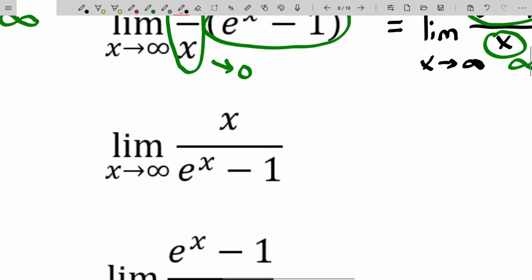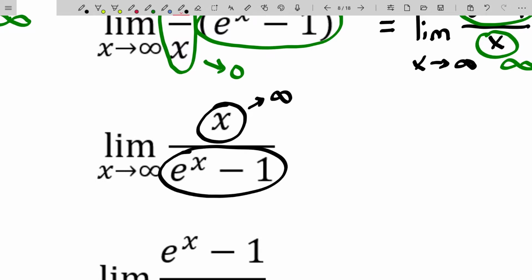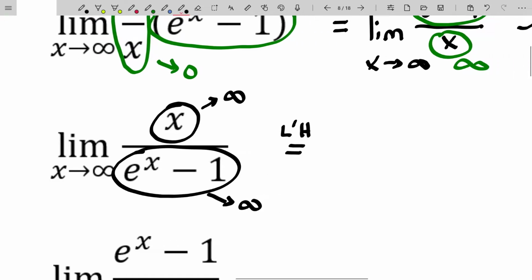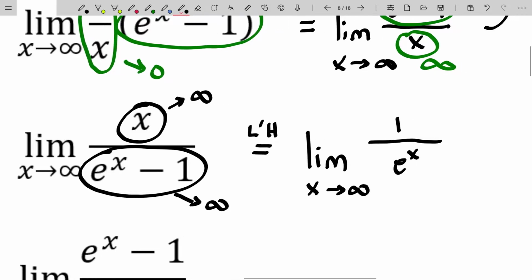The next one, limit as x goes to infinity of x over e to the x minus 1. Well, that numerator is approaching infinity. That denominator is also approaching infinity, so I can use L'Hopital's. And by L'Hopital's, we have the limit as x goes to infinity of the derivative of the numerator, which is 1, over the derivative of the denominator, which is just e to the x.